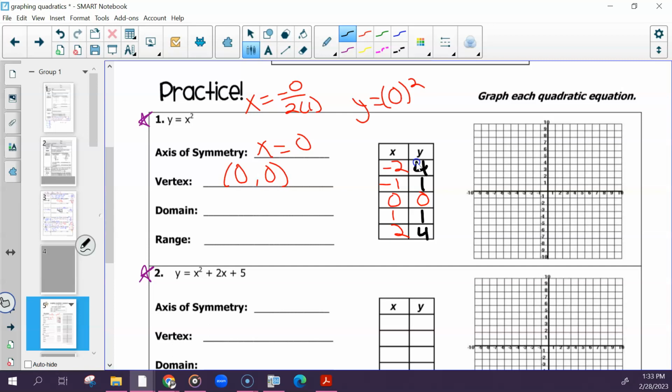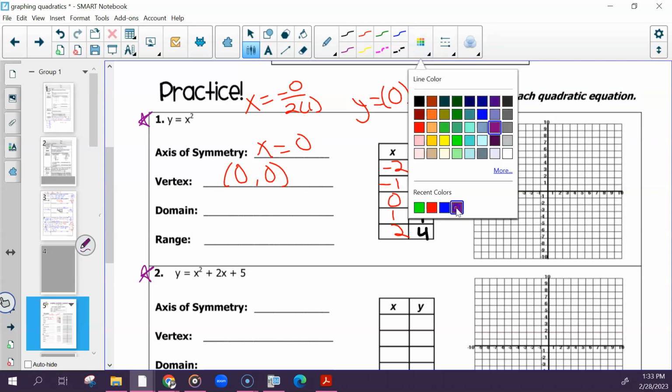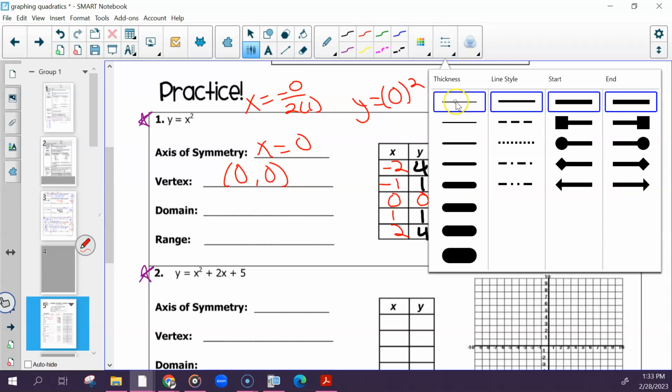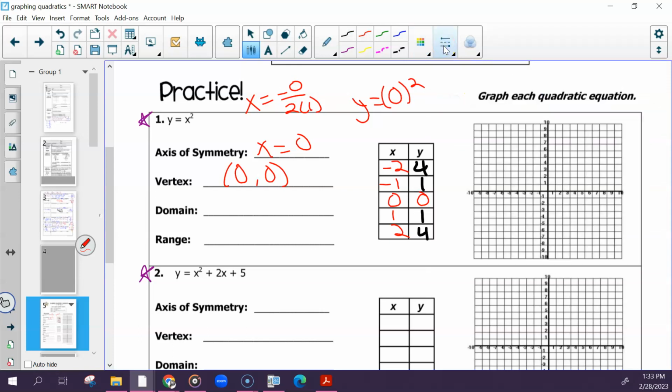Once you have all 5 of your points, then you would graph them. So I will start off at my vertex 0, 0, and then go -1, 1, -2, 4. Then it should mirror on the other side, 1, 1, and 2, 4.